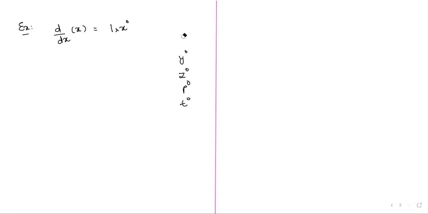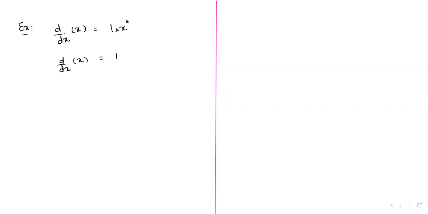So this is 1 into 1, and d by dx of x is equal to 1.